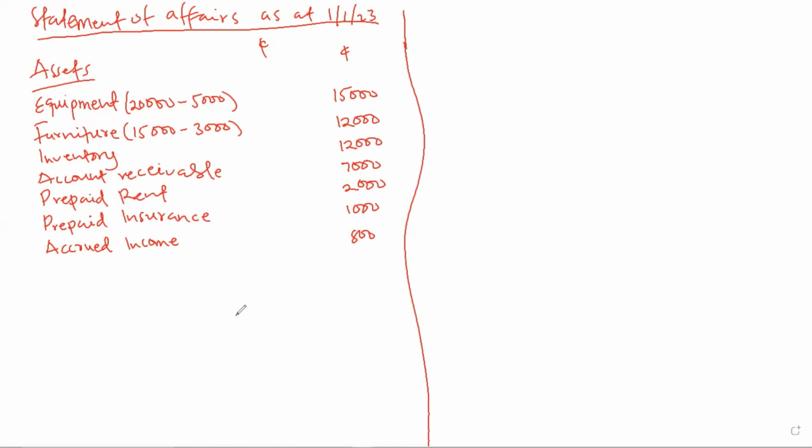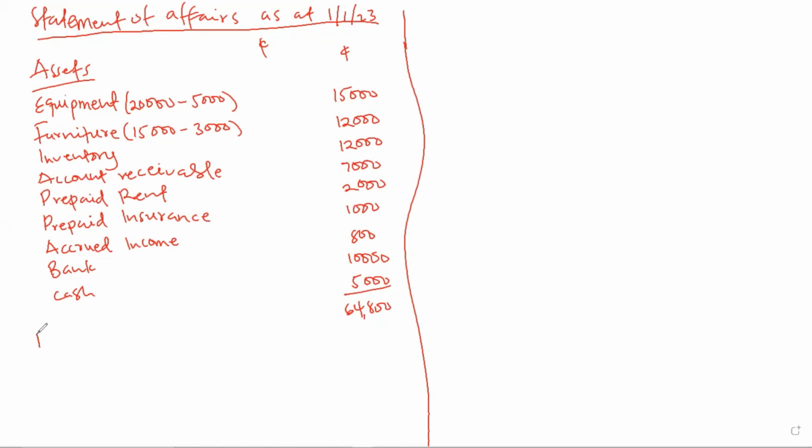Then we can bring in our bank and cash. Our bank is 10,000, and cash is 5,000. So when we add all the assets as at 1st January 2023, we have 64,800.